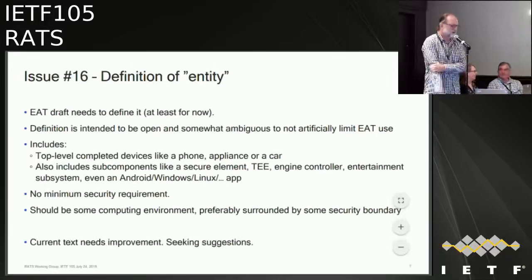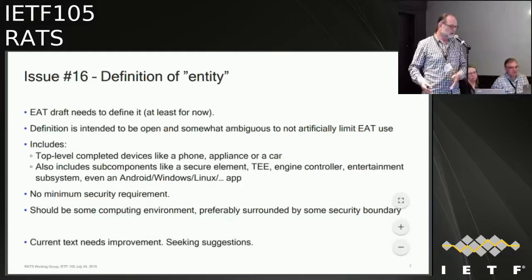All right, so the definition of entities, there's an issue, some comments about that. I chose to make the definition intended to be open and somewhat ambiguous to not artificially limit use. So some examples: it could be a complete device like a phone, an appliance, or even a car.